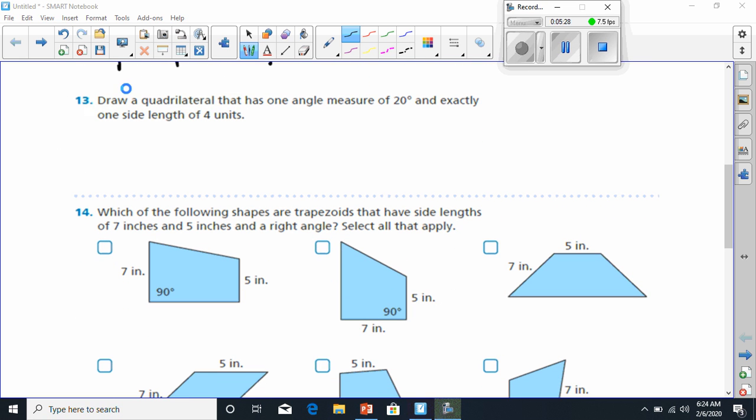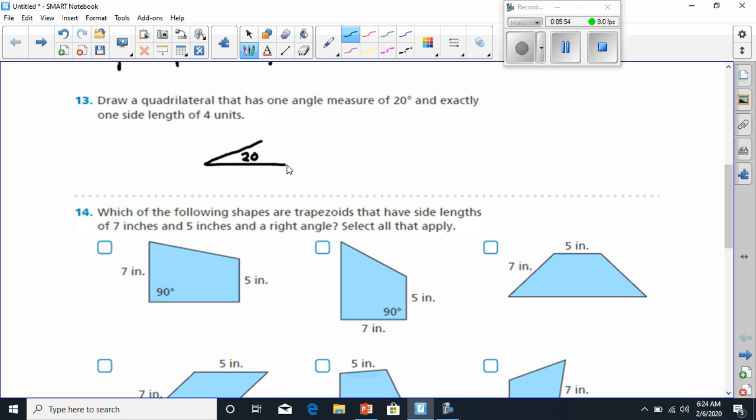This one says, draw a quadrilateral that has one angle measure of 20 degrees, exactly one side length of 4. Well, okay, if I was to make an angle that had 20 degrees, well, I know that's not a very wide angle, so let's just say this is 20 degrees. I need one side length of 4.